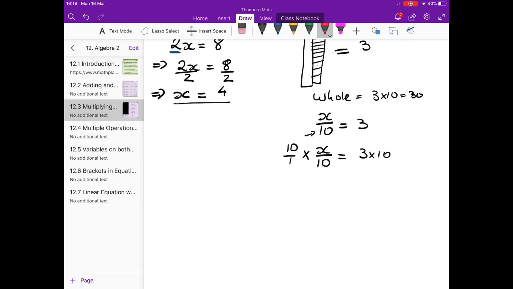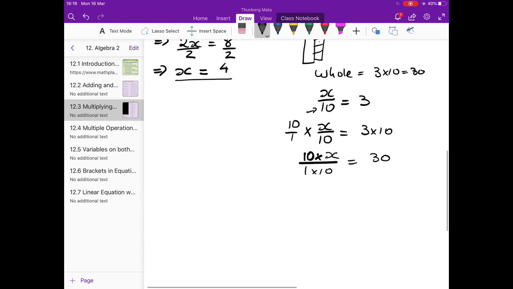So if I have x divided by 10 and it's multiplied by 10, what I'll end up with is 10 multiplied by x over 1 multiplied by 10 is equal to 30.